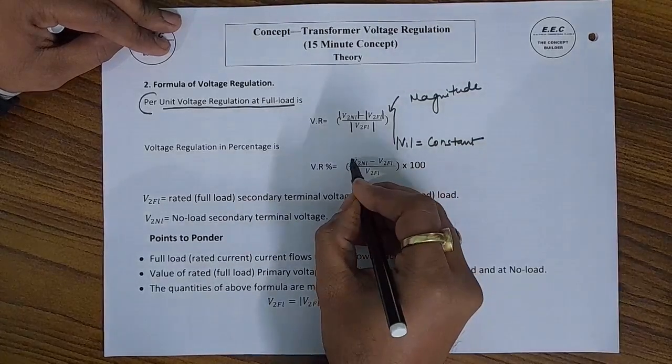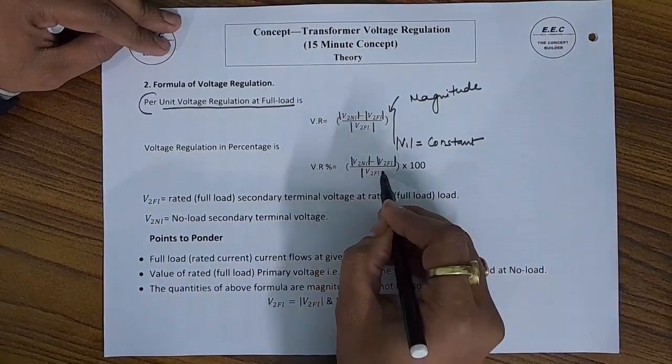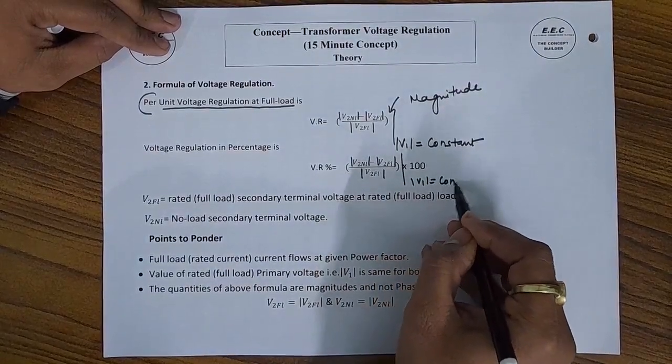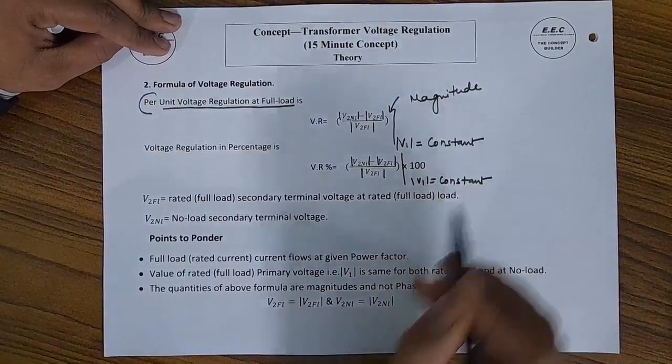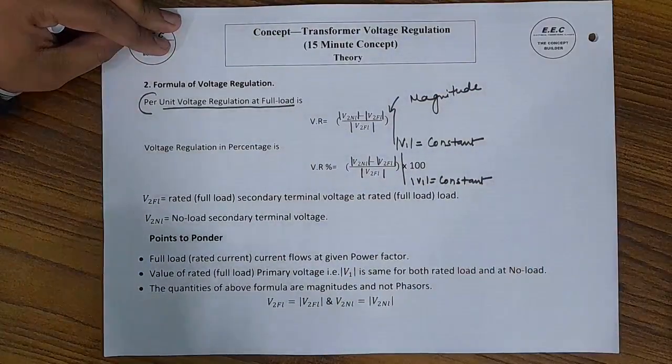This must remain constant. So in percentage we are going to write it as, again I have to write that same condition, V1 is equal to constant. I hope you are writing it with me. Okay, I hope you are writing it with me that V1 is going to be constant.